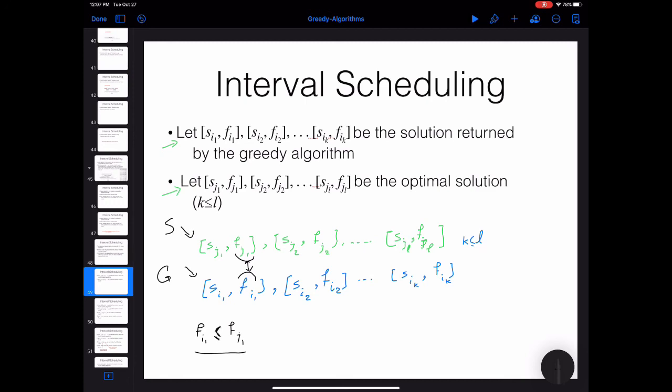And one more thing that I know is that between this job and the next job there is no conflict. So of course the finish time of the first job in the optimal answer is going to be less than the starting time of the next job, right? There is no conflict.